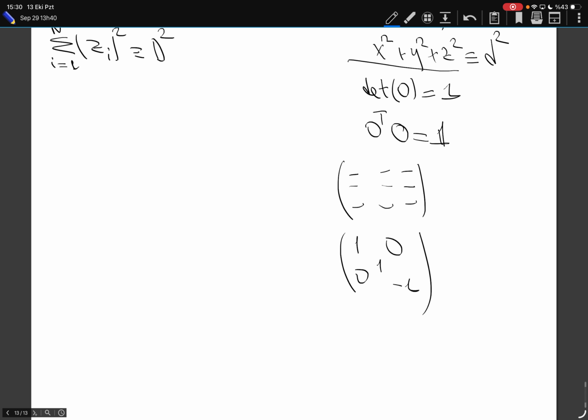You see, this tells me that determinant O squared is 1, but that O is a matrix of real values, so determinant O is a real number. This tells me that determinant O is plus or minus 1.